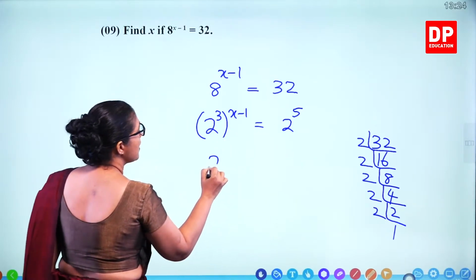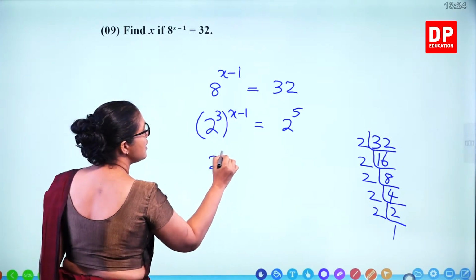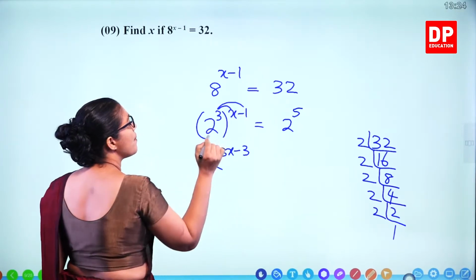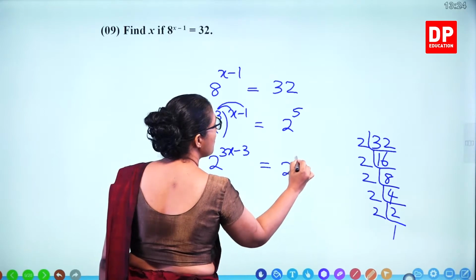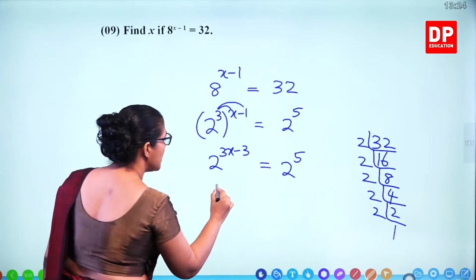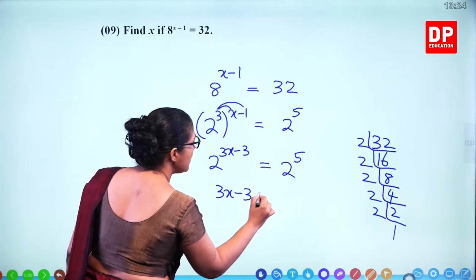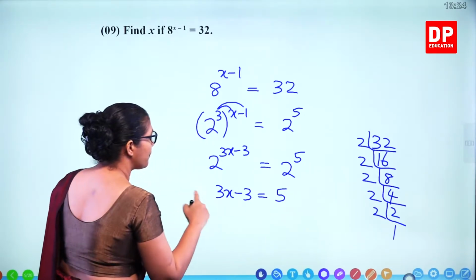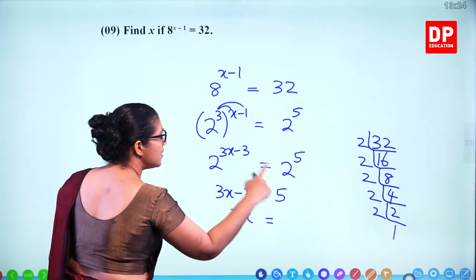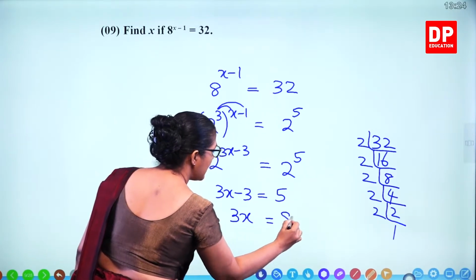Then this becomes multiplication: 3x minus 3. You have to multiply both the numbers. Is equal to 2 to the power 5. Same base, you can compare the powers. So 3x minus 3 equals 5. So what is 3x? Add 3. 5 plus 3, 8.